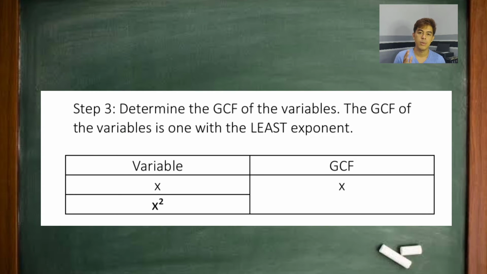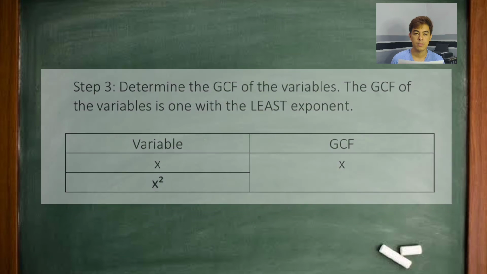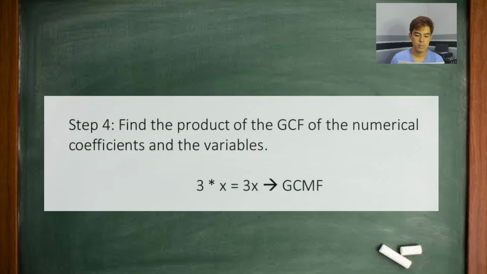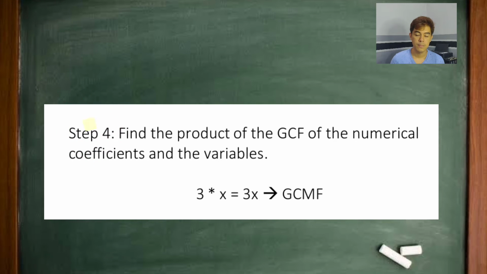So the GCF of the variables is the variable with the least exponent. So in this case, x will be our GCF. Step number 4, madali lang to. I-multiply lang daw natin yung GCF nung numerical coefficient at nung variables natin. So 3 times x equals 3x. So yan na ang ating greatest common monomial factor.